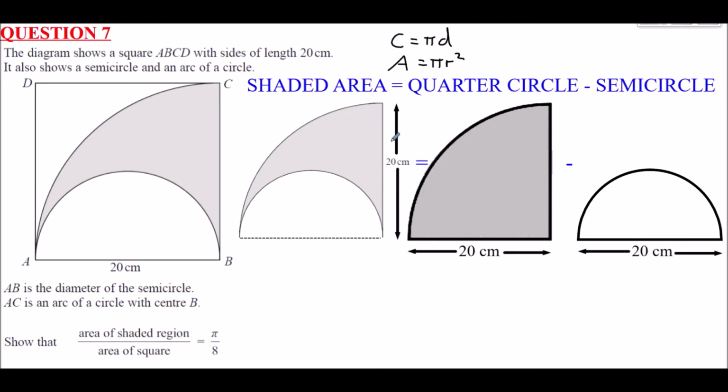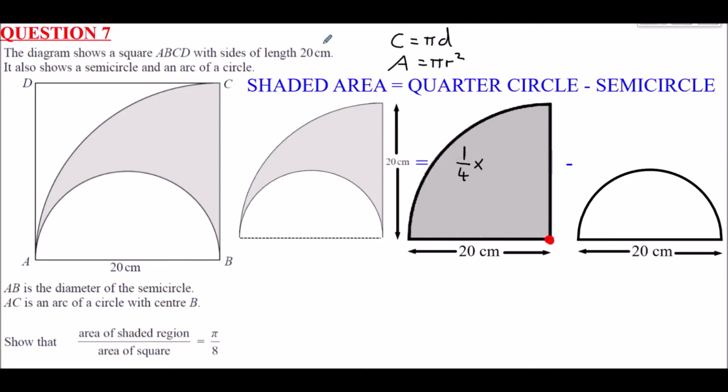So, now using this idea here, the shaded area is a quarter circle minus a semicircle. This quarter circle has an area of 1/4 of the area of what would have been the full circle. So the full circle, if that was its centre here, its radius would have been 20.